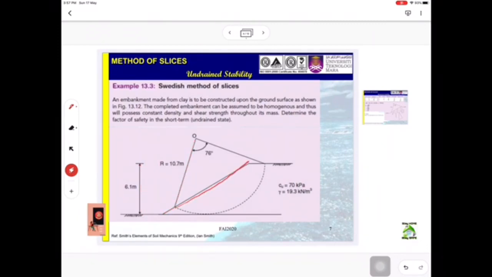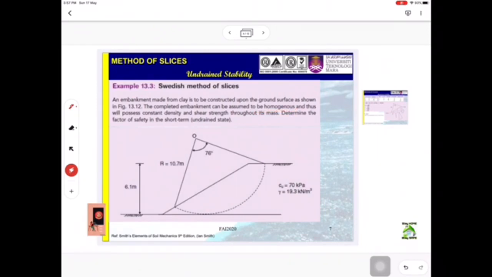Normally it will tell you what the slope is, and CU and gamma. Determine the factor of safety in the short term. Short term means it is undrained condition, and it is homogeneous.